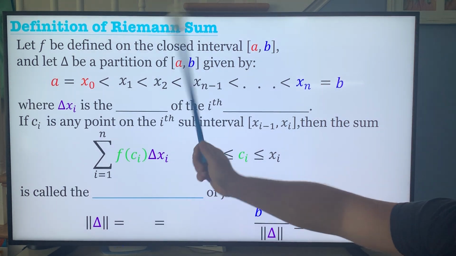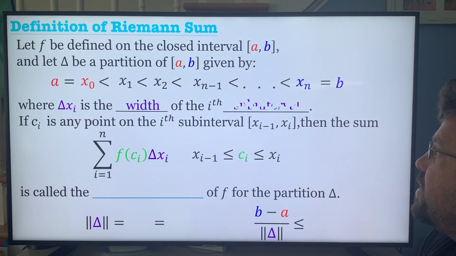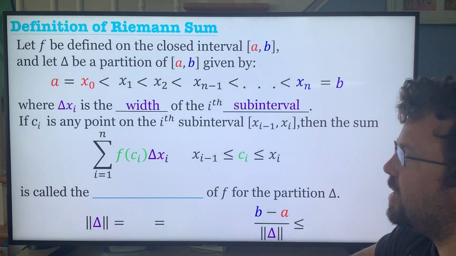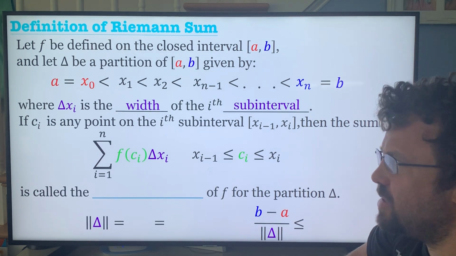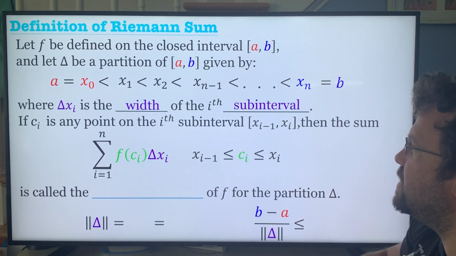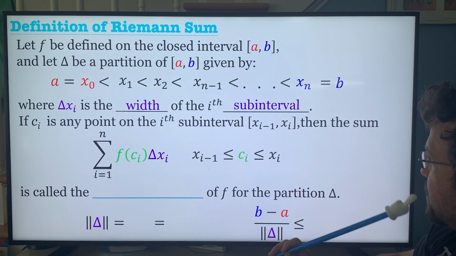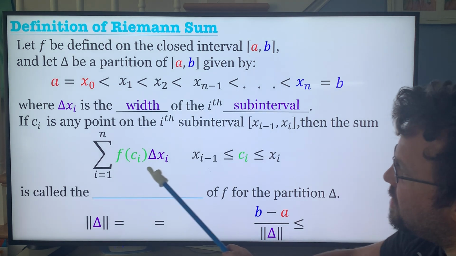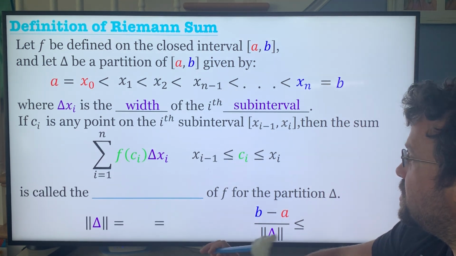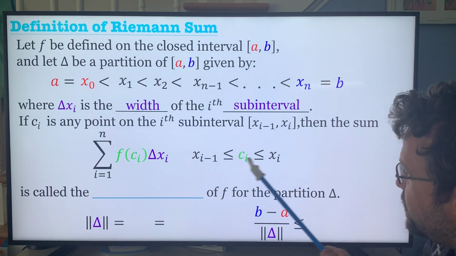Now the delta x_i is the width of the ith subinterval. So now you're kind of cheating a little bit. You're just taking the width of each subinterval. So c_i at any point is in the ith subinterval, between x_(i-1) and x_i, and the sum, same formula we just used, but now c_i is going to be between x_(i-1) and x_i.